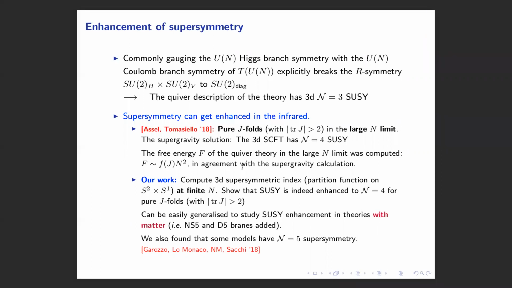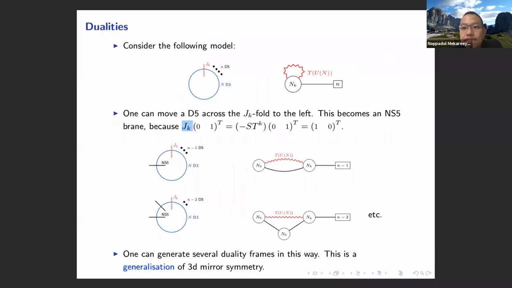I have a question. Yes, please. Let's say we look at theories that have a UV Lagrangian. Is it not true that there is no description in which the two global symmetries, the one on the Higgs and one on the Coulomb, are manifest, right?